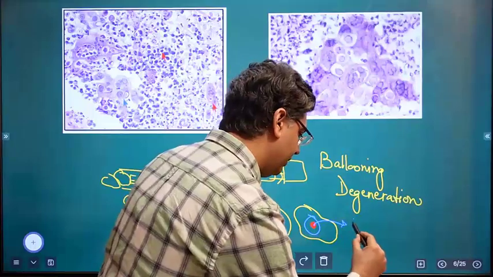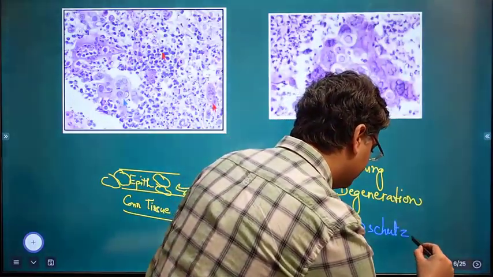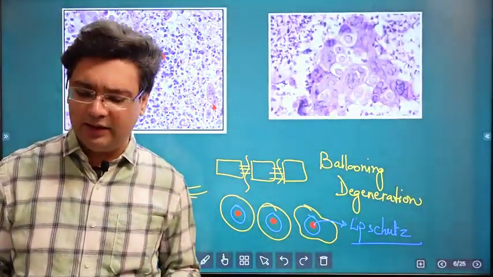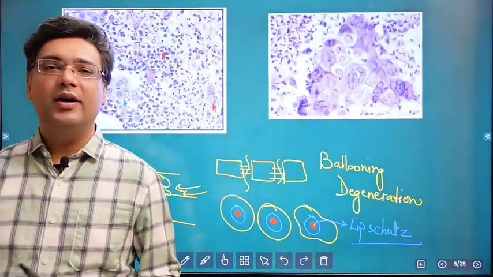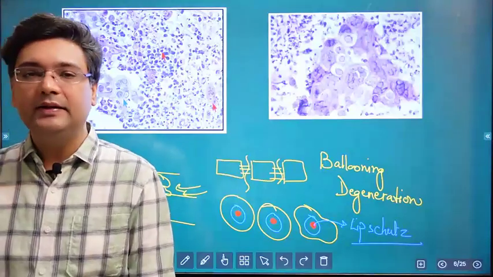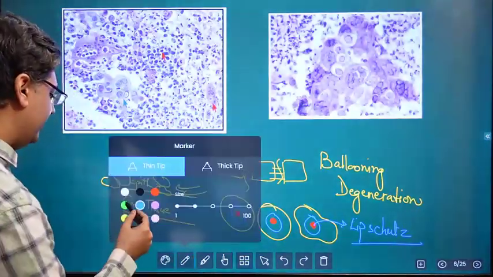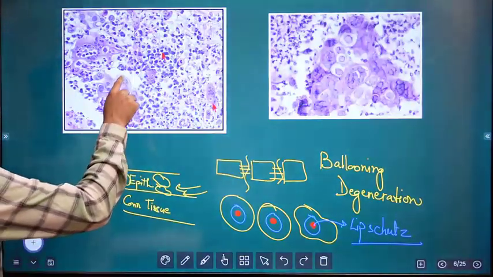These are called Lipschutz bodies. So we have ballooning degeneration of the epithelium, Lipschutz bodies are also present, and intraepithelial vesicles are also seen. In fact, we can see some granular bodies here. Can you see a cell here?